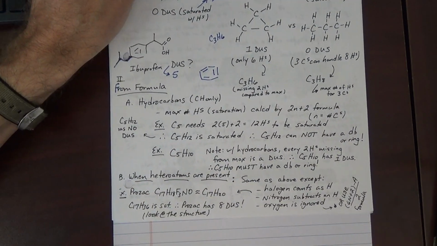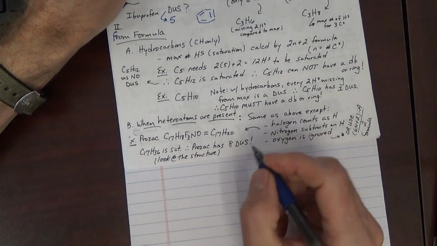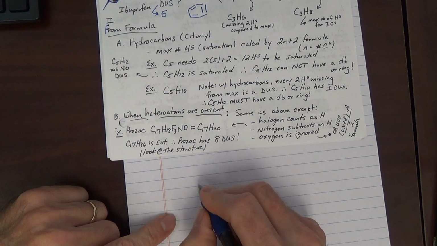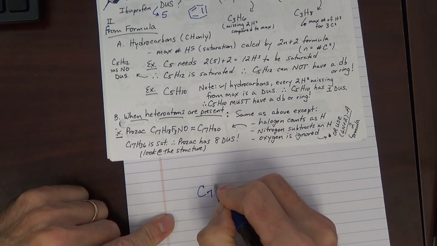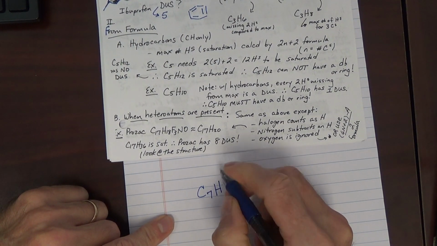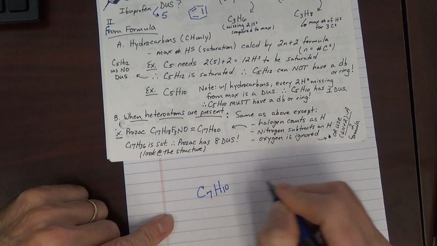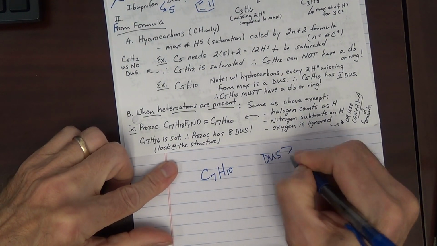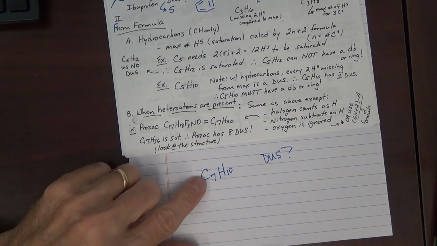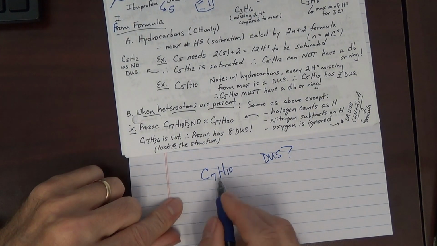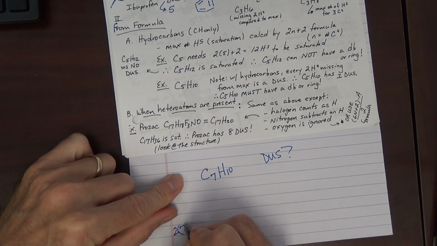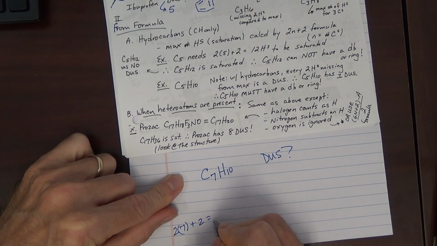We could do another example here. What if we had, let's do a different number of carbons, C7H10? How many DUS would be present in a compound with this formula? Well, C7, what is max? 2 times 7 plus 2 equals 16.